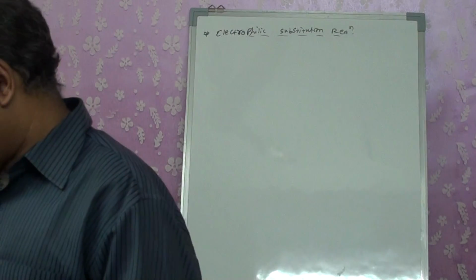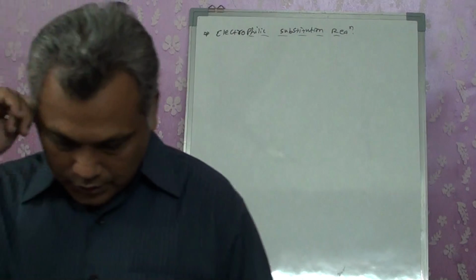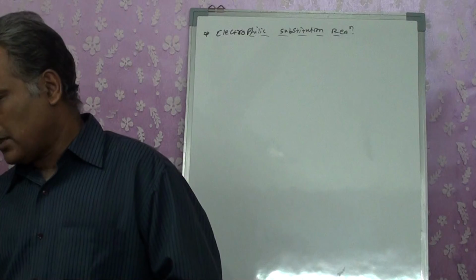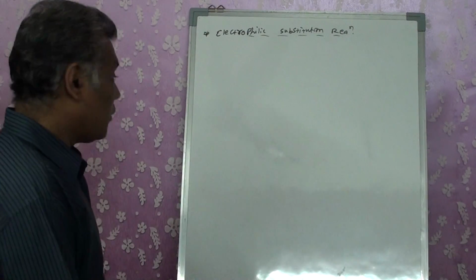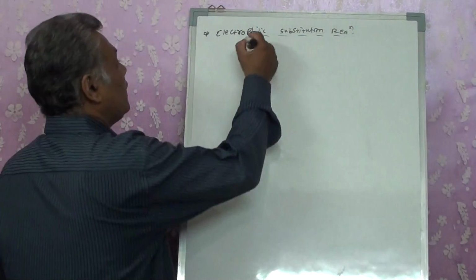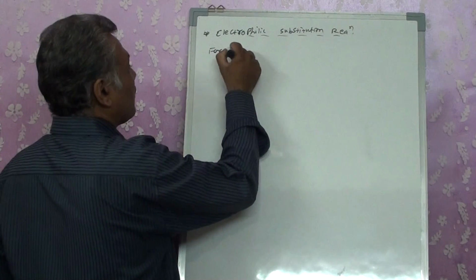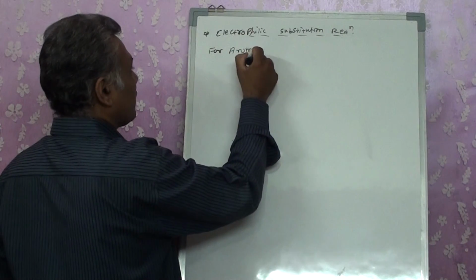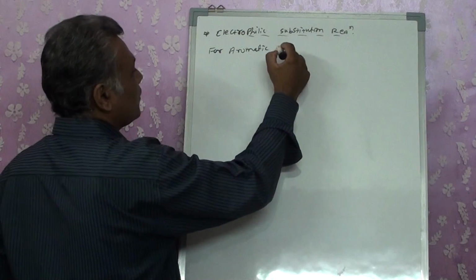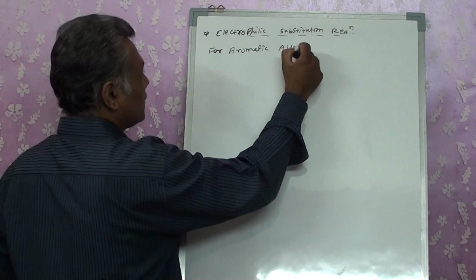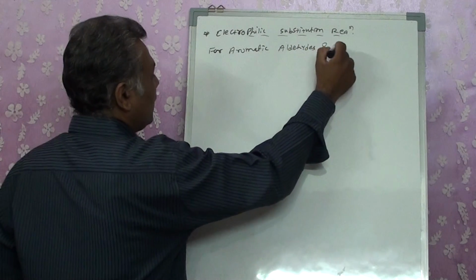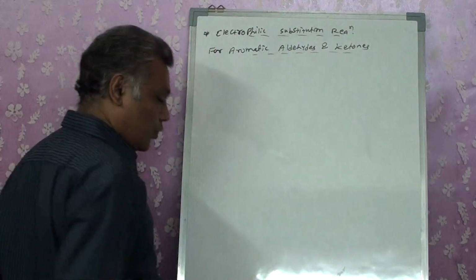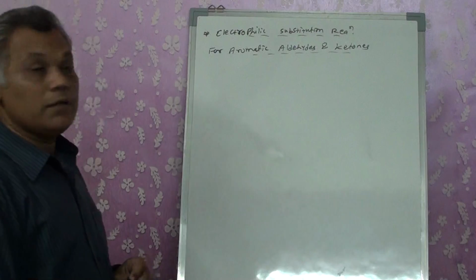Now, when we are talking about the electrophilic substitution reaction, that means it will be for the aromatic aldehydes and ketones. That will be going for the reaction on benzene nucleus, right? This particular reaction is for aromatic aldehydes and ketones.